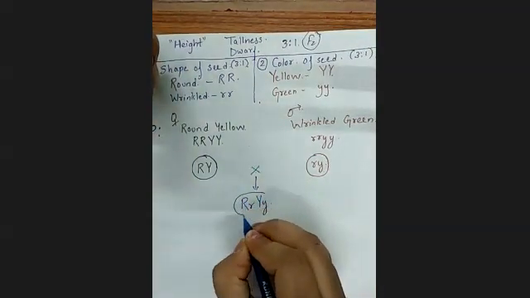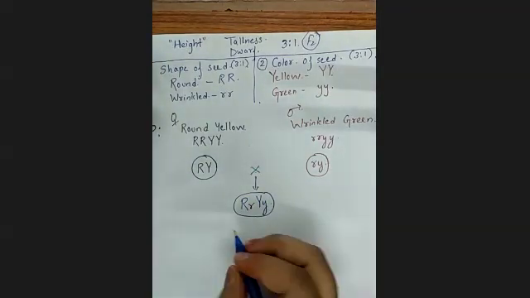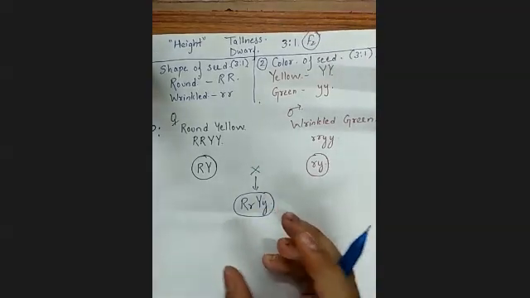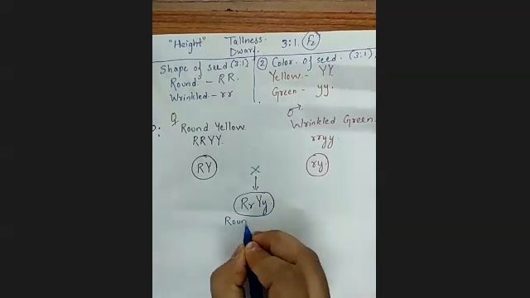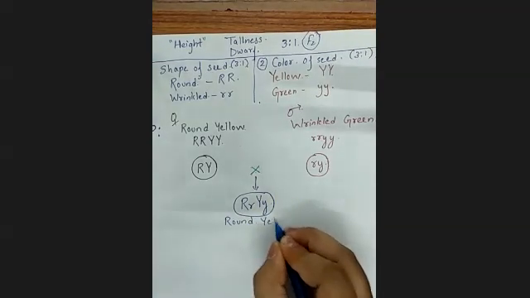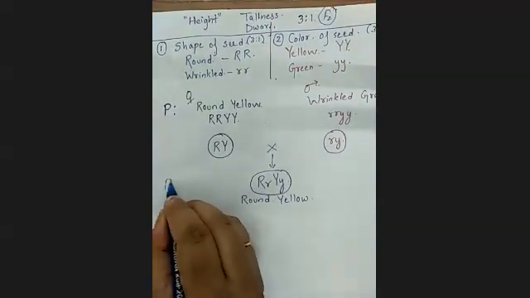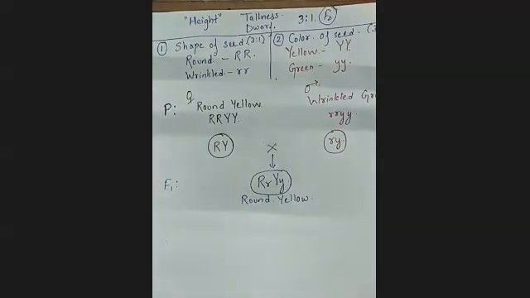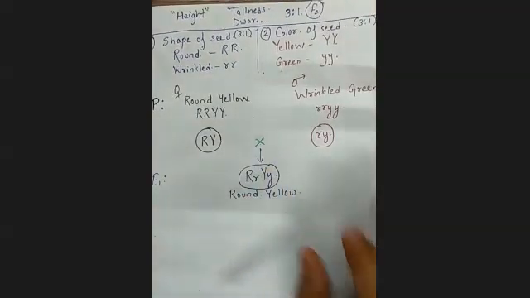This is the genetic constituent he obtained, but physically the seed was only round and yellow. That means in the first generation all the plants were round and yellow. Understood? Yes, ma'am.